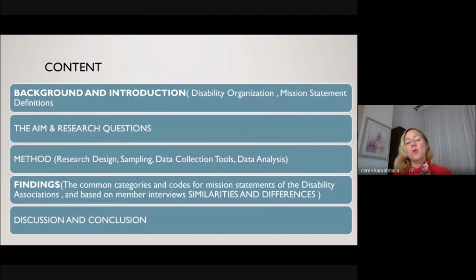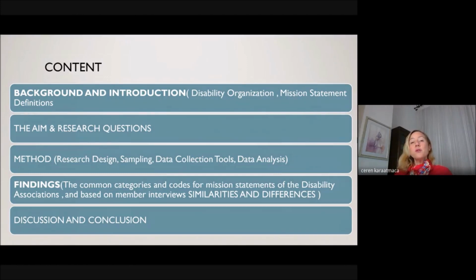So also checking out the similarities and differences about the codes and the categories. And also in the last section, I will talk about the discussion and the conclusion.